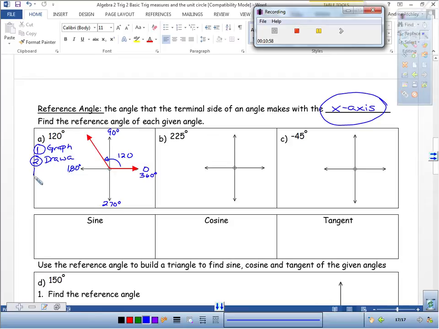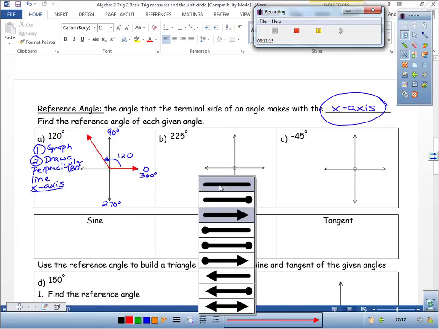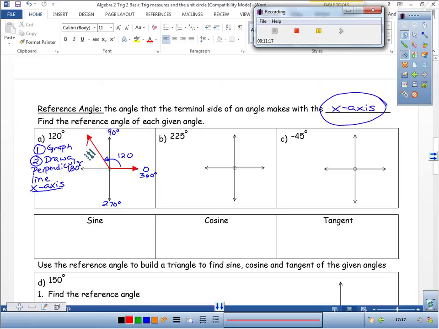I'm going to draw a perpendicular line to the x-axis. Always the x-axis. So now this is my right triangle.